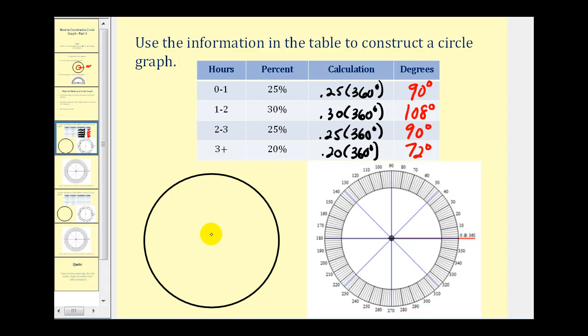So now what we'll do is use our protractor and measure off each angle that would represent each category of this survey. So we'll go ahead and start by constructing the initial ray here. The first category would be 90 degrees, so that would be from 0 to 90 degrees. That would be this sector here.